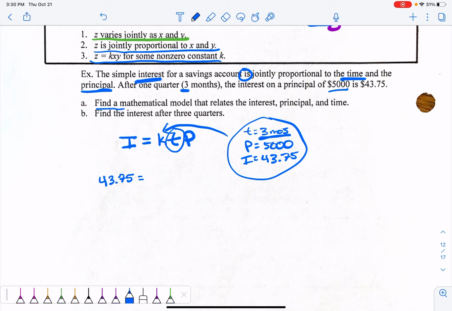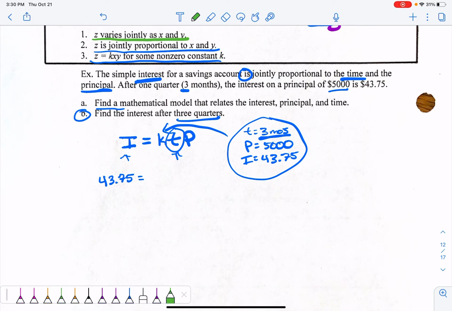Just like on part B, when we do after 3 quarters, we need to make sure we keep that same unit, okay? Now, if we had 2 measures of time, like time was over here and time was over here, they would just have to be the same unit of measure. Like if we're gonna do years, we need to stay in years, or if we're gonna do months, we have to stay in months. But here we get to choose.